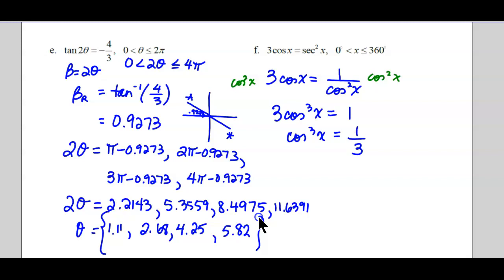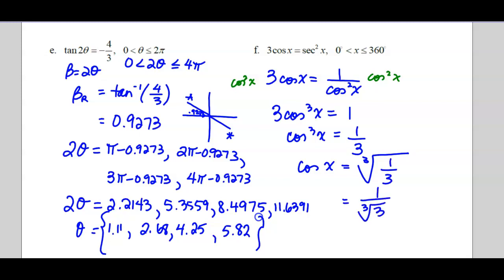Yeah, you can. You'll get the one of them, but you're missing, I guess that would be a non-real solution. Okay, so then here, you take the cube root. You want to get cos by itself. So cube root, not plus or minus, because we're doing the cube root, right?